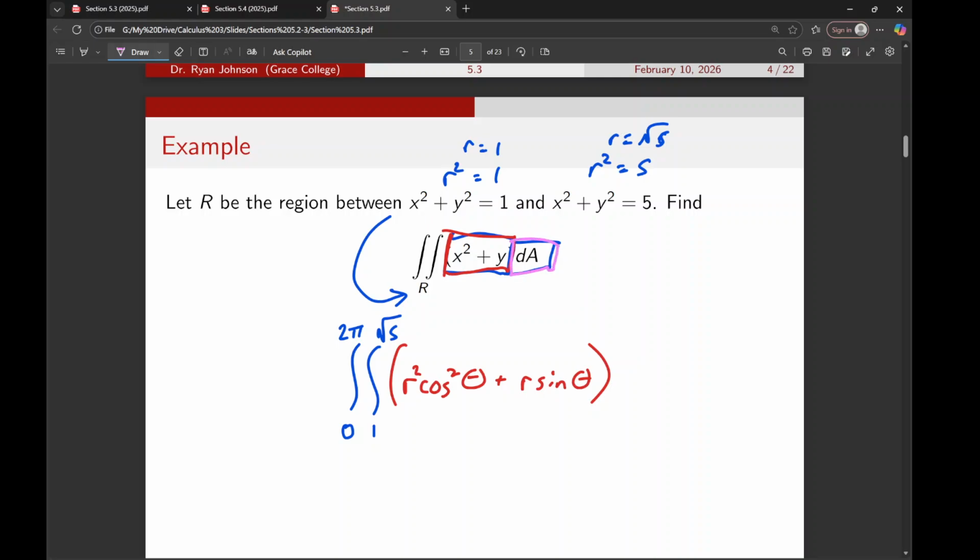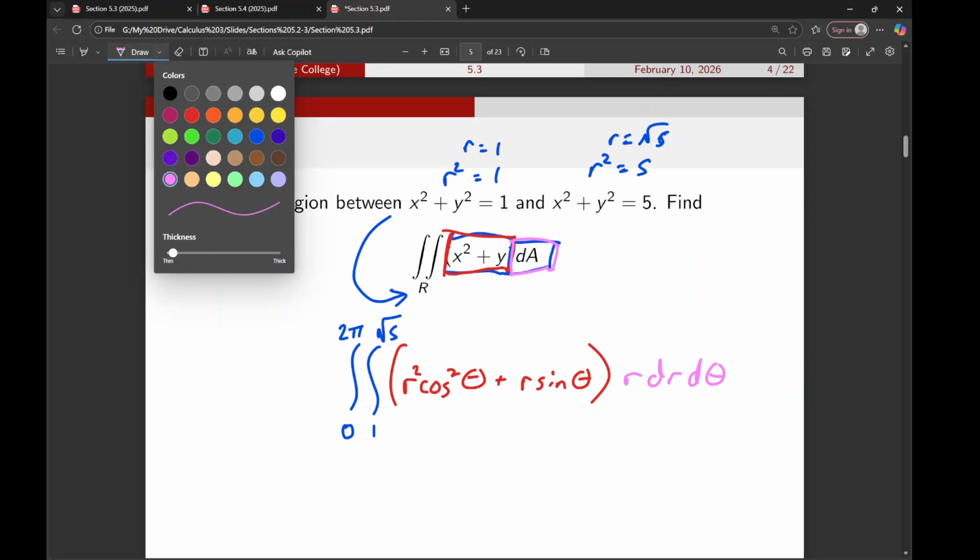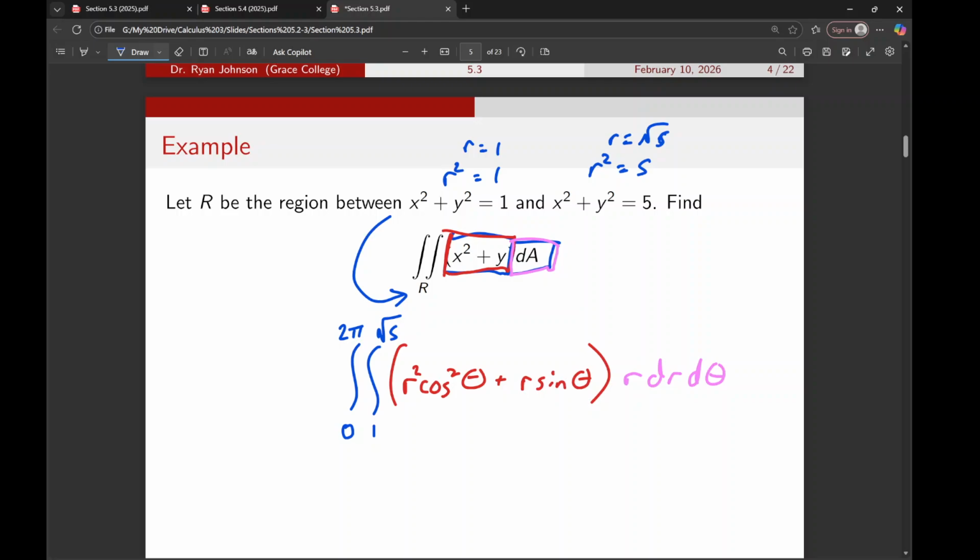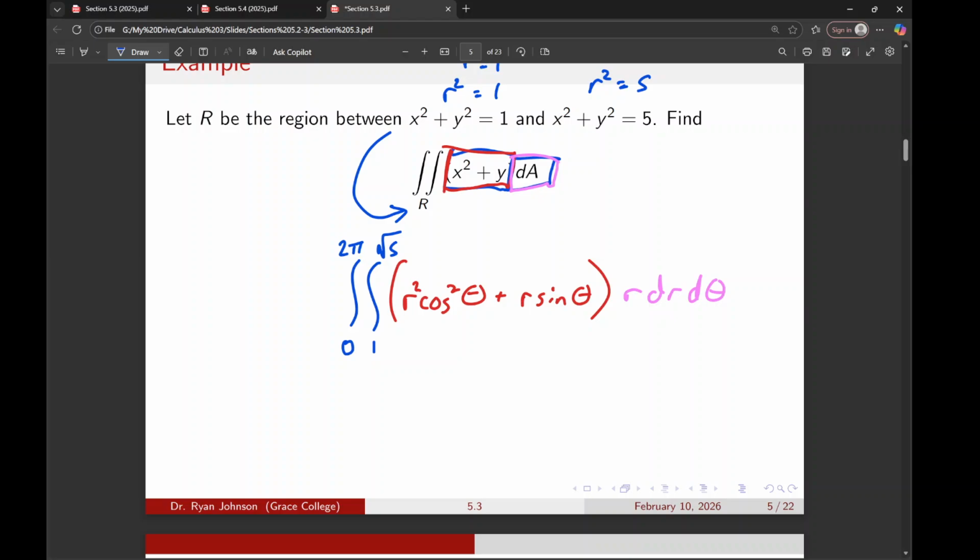And so dA becomes r dr d theta. And then we can simplify, multiply everything together. One of the great things here is that setting up an equation with x's and y's is a huge pain, but it's just constants when polar. And that's why switching to polar is nice here. So then multiply this all together.